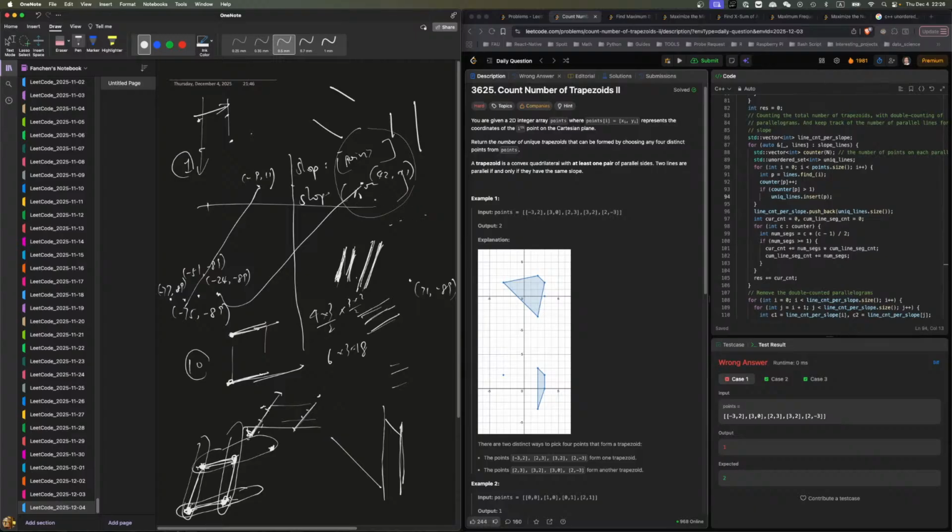Because this slope must have points on it, right? We have points on them and we have points on them. Then if they exist in both, then I think, if I have 2 on one slope, okay?